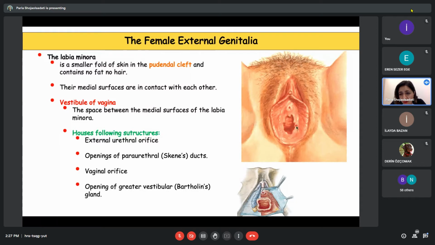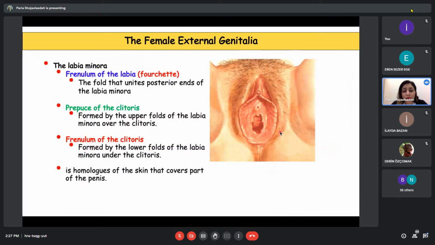We can talk about these six openings: the external urethral opening, two openings for the paraurethral or Skene's gland ducts, the opening of the vagina, and two openings for the greater vestibular or Bartholin's glands on both sides.